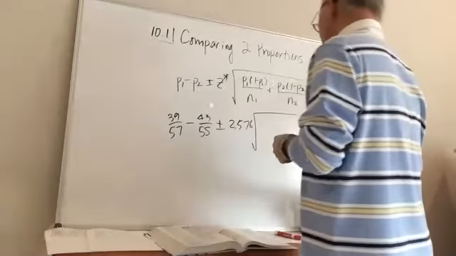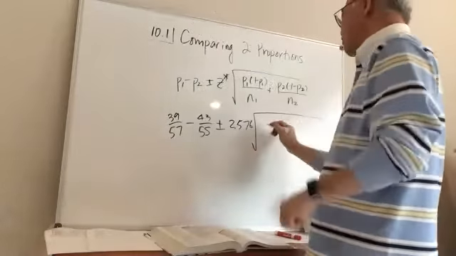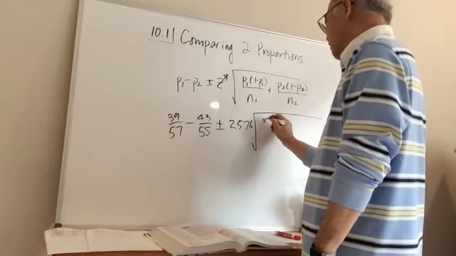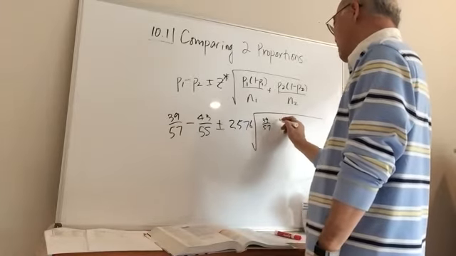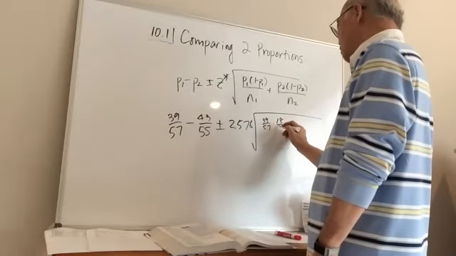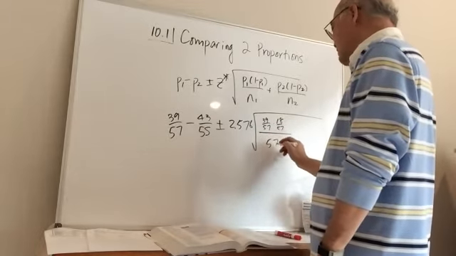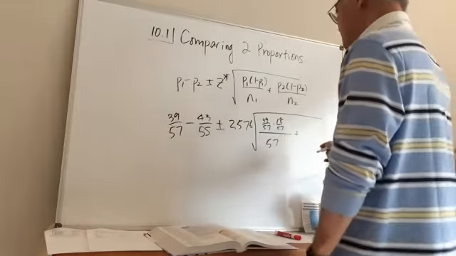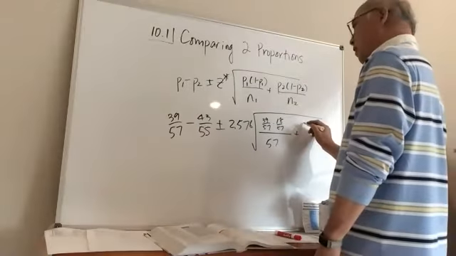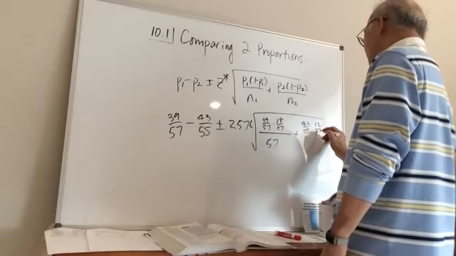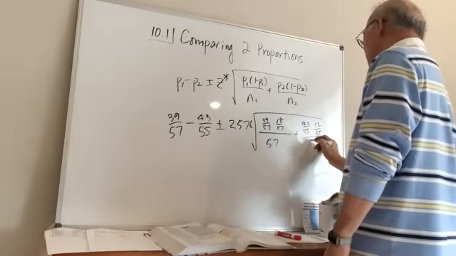Okay, so now let's go ahead and do the do part. We did the state, we did the plan, now we're in the do part. The do is going to be P1, 39 over 57, times 18 over 57, over N1 which was 57, plus 43 over 55, times 12 over 55, over 55.